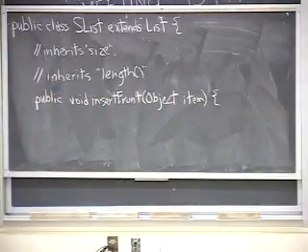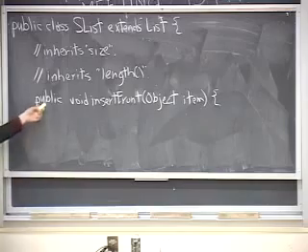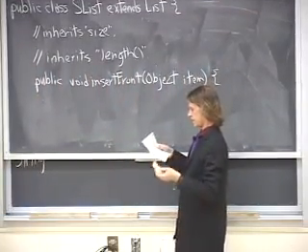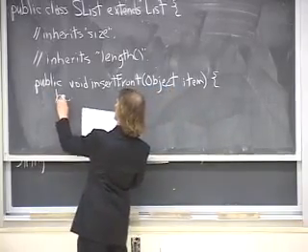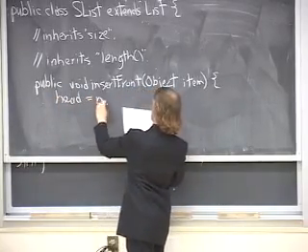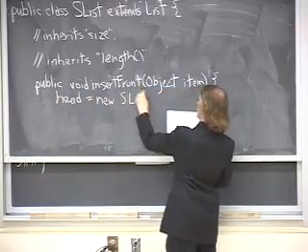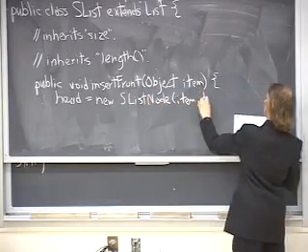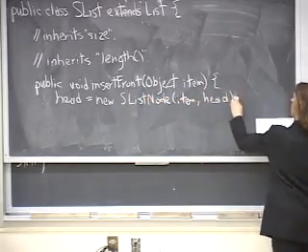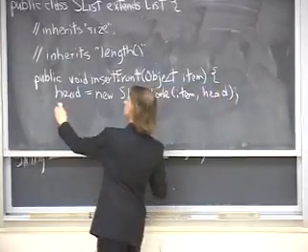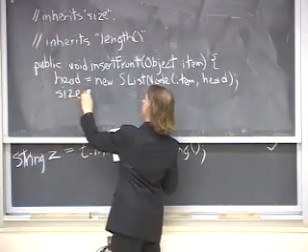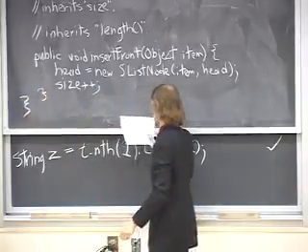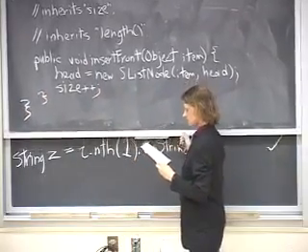I do not have the word abstract over here. And the implementation is pretty simple. You just need to add a new node to the list and update the size field. So there's a good start.